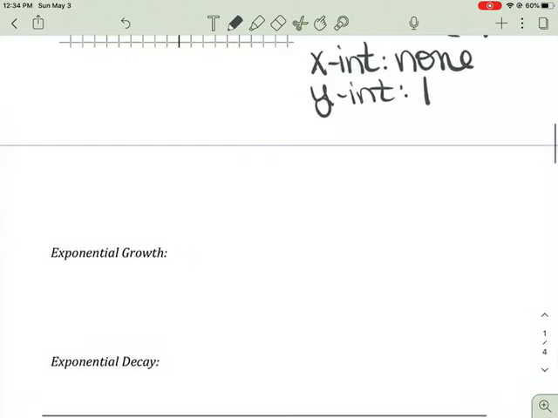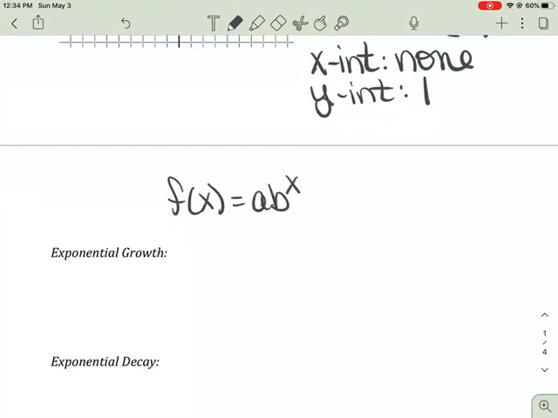So exponential growth, and our formula, remember our form is always going to be f of x is equal to ab to the x. Okay? So remember, f of x and y are the same thing. All right, so here, if a is greater than 0, so in other words, the number in front is a positive number, b is greater than 1, then this is a growth function, okay?